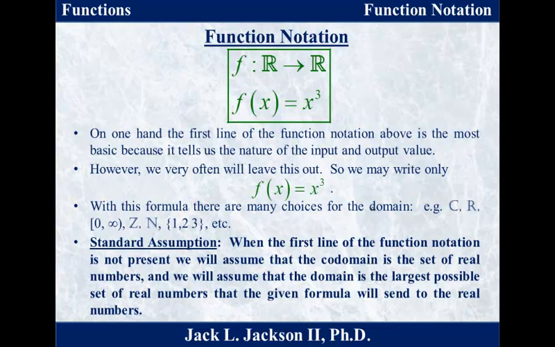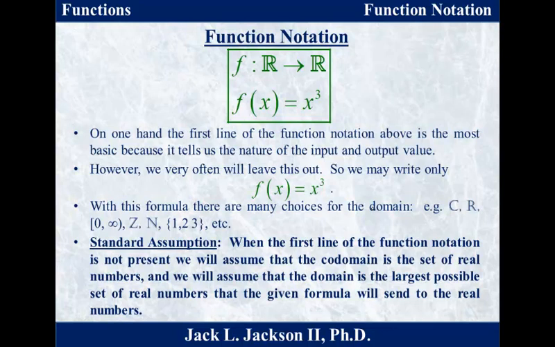Or the domain could be all the real numbers, which is what it originally was. Or we could say I just want the non-negative real numbers, or maybe just the integers or the natural numbers. Or I could have a set with just 2 or 3 points in it, like the set 1, 2, 3, or anything else. There are lots of choices I could pick. As long as it makes sense to cube them, the formula would make sense.